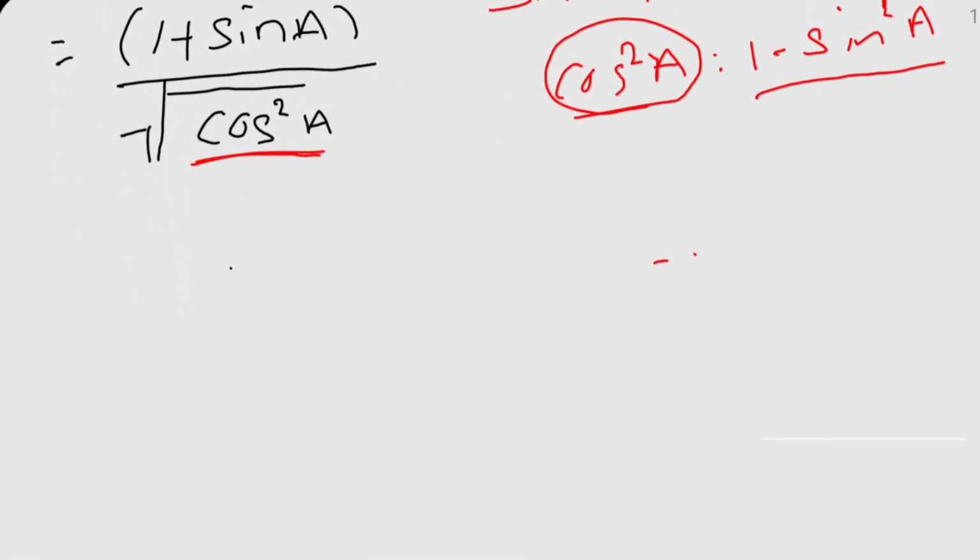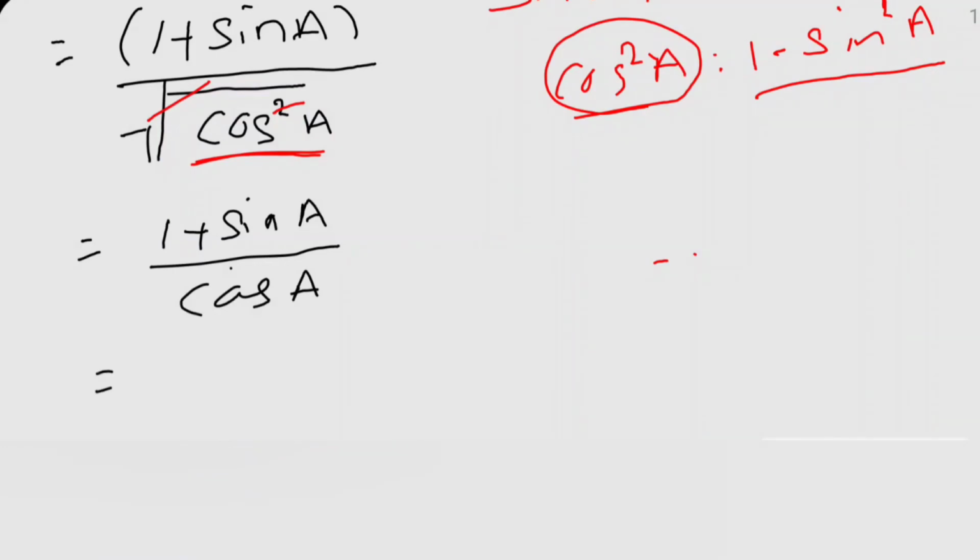So now next step. So here square and root get cancelled. So next step, what will remain: 1 plus sin A divided by cos A, right?